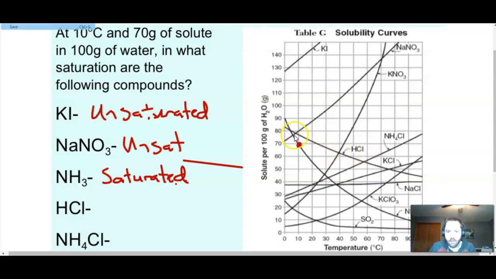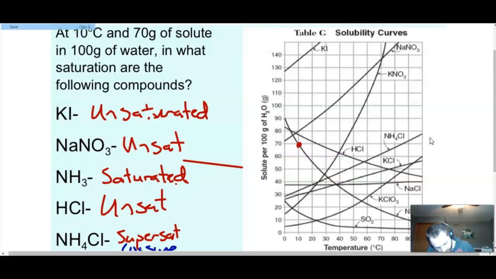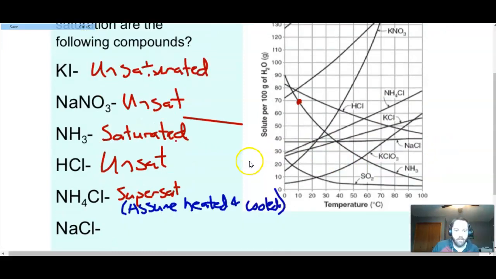HCl, so hydrochloric acid, we're below that line, so that is unsaturated. Ammonium chloride, we're actually above that line, so this one's tricky. We're going to say supersaturated, but again, I'm going to assume that it was heated and cooled, because otherwise you couldn't dissolve that much in there.